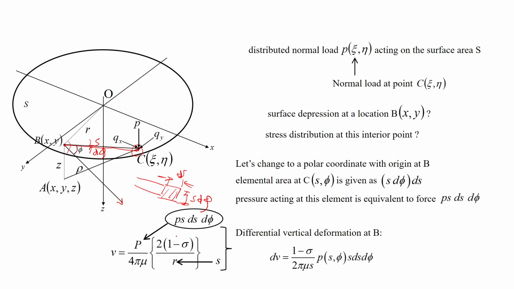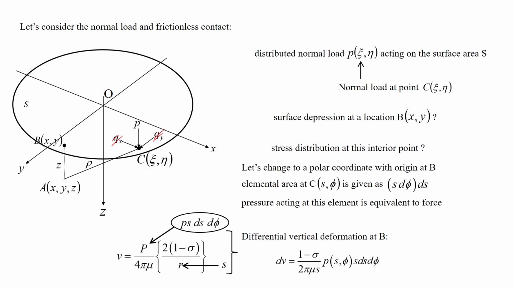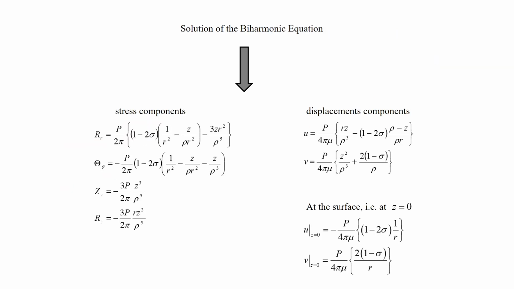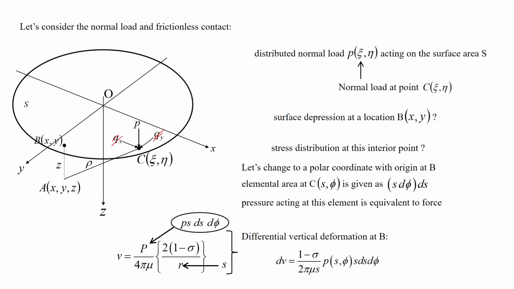So, this is an infinitesimal area. I should write dV here for this infinitesimal area, and therefore this P can be replaced by P S ds d phi. We already have this expression, as you can see. Here R is replaced by S, and P is replaced like this.